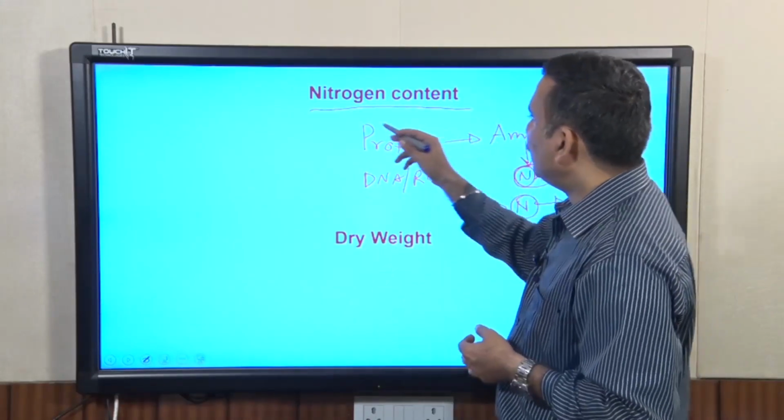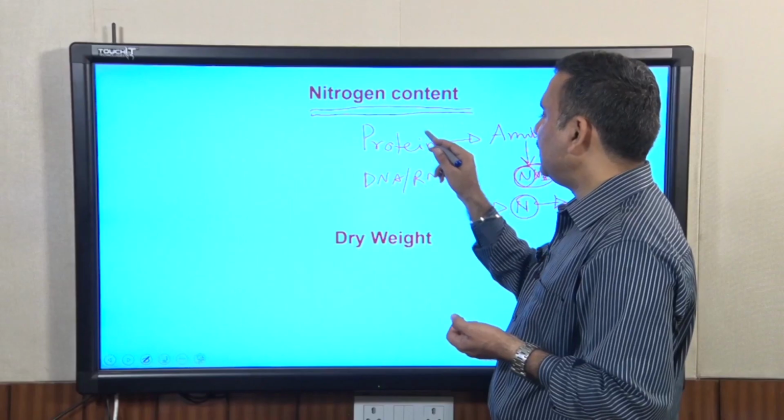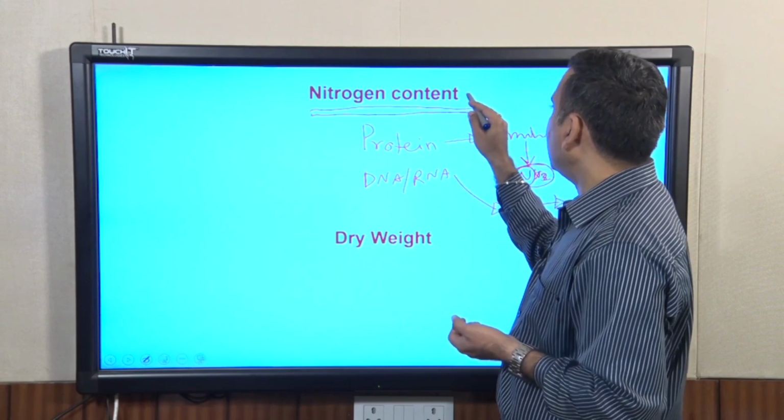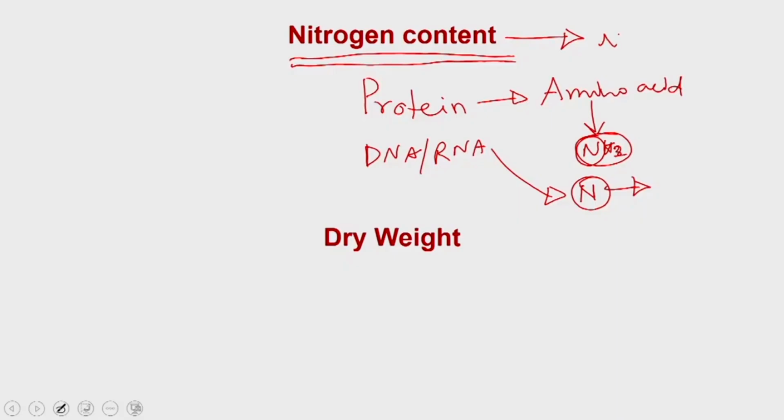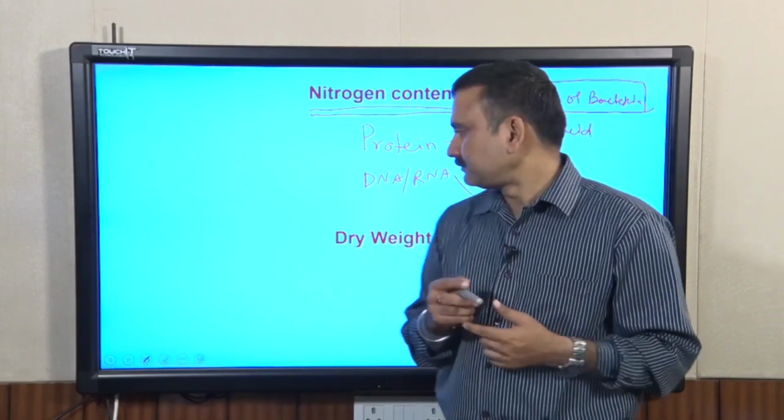So, if you would like to count the number of bacteria in a given culture media, you can calculate the amount of nitrogen present, which correlates to the number of bacteria in that media, because the cell-bound nitrogen indirectly indicates the number of bacteria present in the solution.